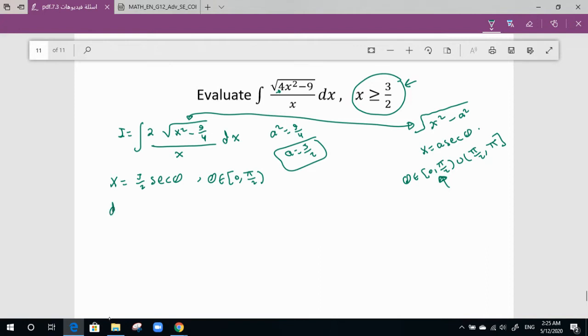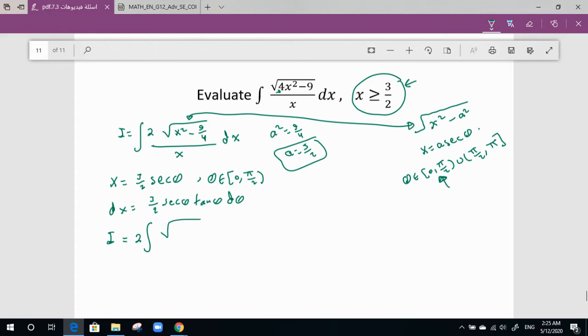Now dx equals 3 over 2 times the derivative of secant, which is secant theta tan theta d theta. Now my integral I equals this 2, which I will take out of the integral.